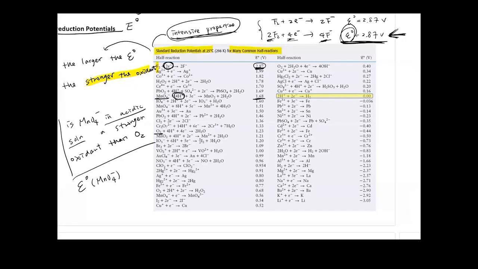Its standard reduction potential is 1.68 volts, and the standard reduction potential for O2 is only 1.23 volts. So this is a stronger oxidant than O2. Make sure you have this concept: the larger the standard reduction potential, the stronger the oxidant.